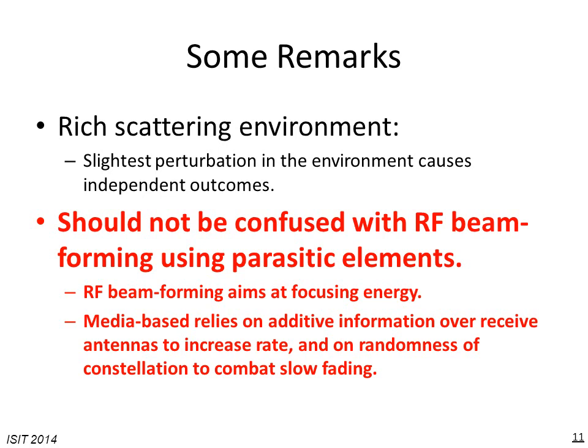However, in antenna beamforming, the idea is to focus the energy in a particular direction and maximize the signal to noise ratio. The intention is not to embed information, and not to have additivity of information over receive antennas, as we will discuss later.